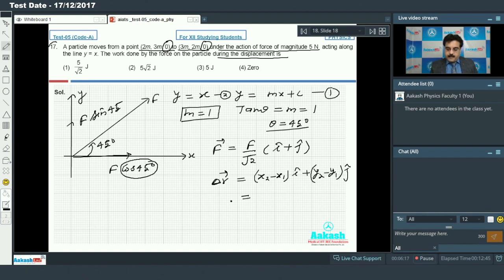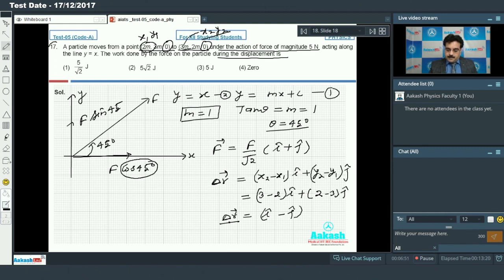The coordinates are (2, 3) and (3, 2), so this is x1 y1 and this is x2 y2. When I place the values, x2 is 3, x1 is 2, so we get 3 minus 2 i cap, and y2 is 2, y1 is 3, j cap. So the displacement vector is i cap minus j cap.